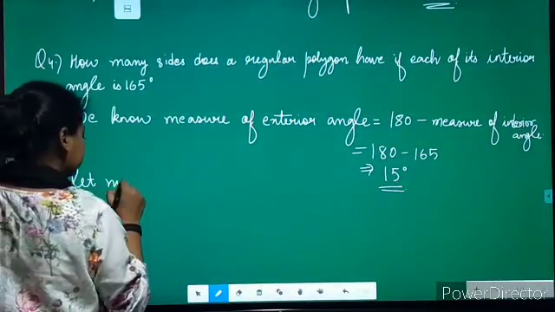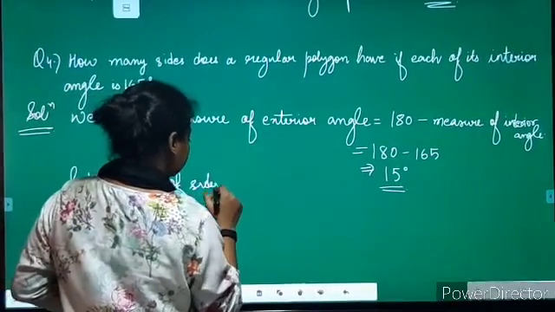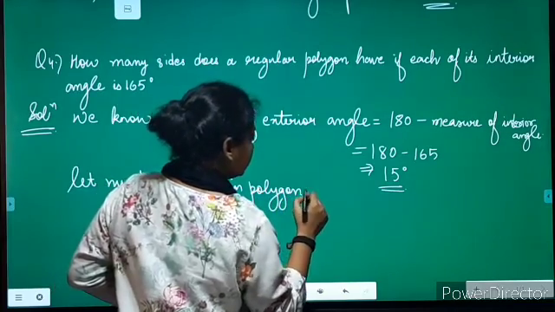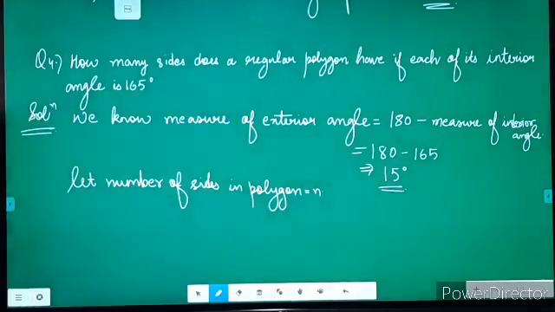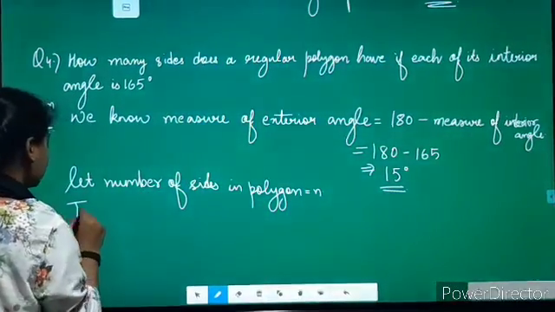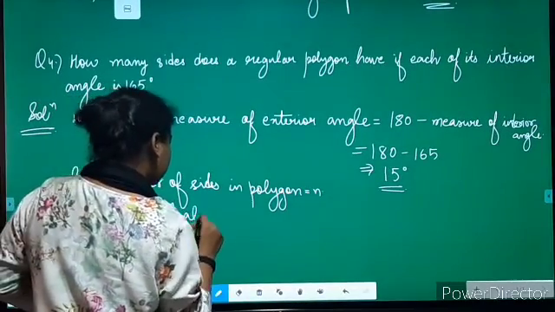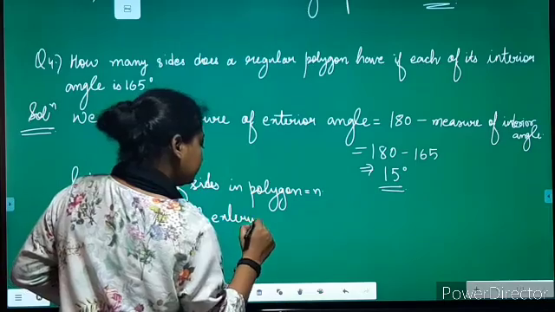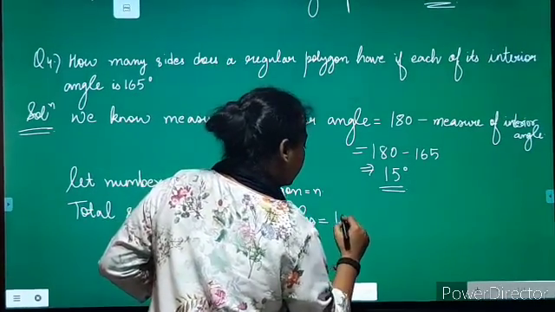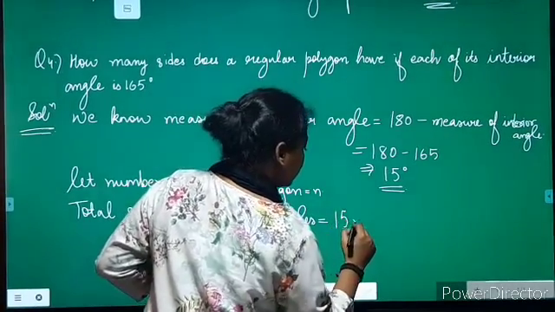Let the number of sides in the polygon equal n. If there are n sides in a polygon, also there will be n angles, and the measure of each angle is 15. So the total sum of all exterior angles comes out to be 15 into n.